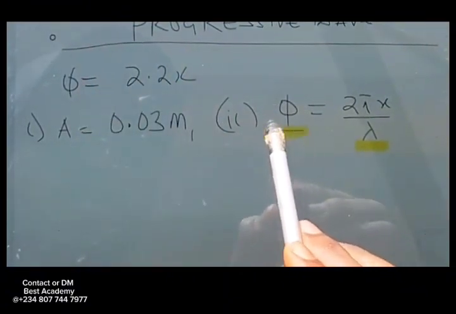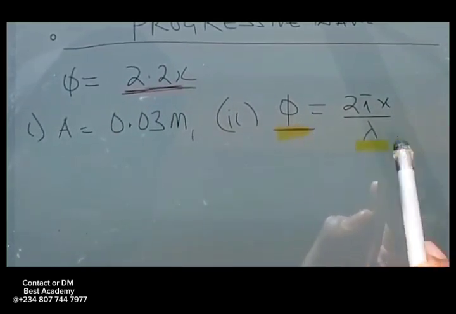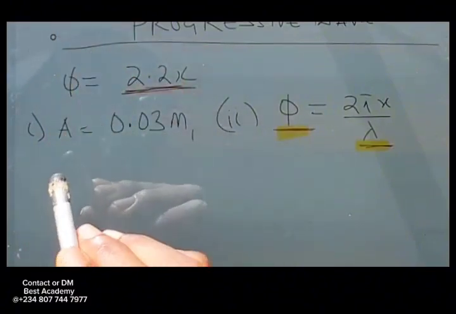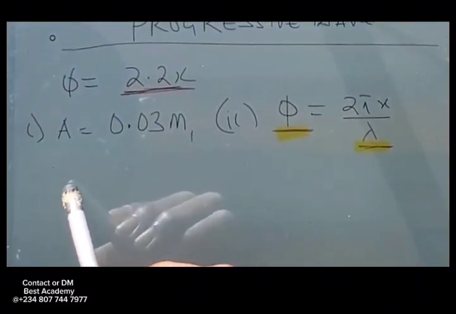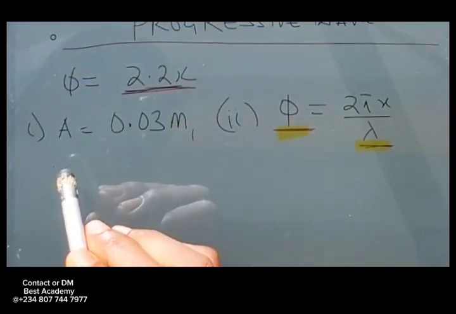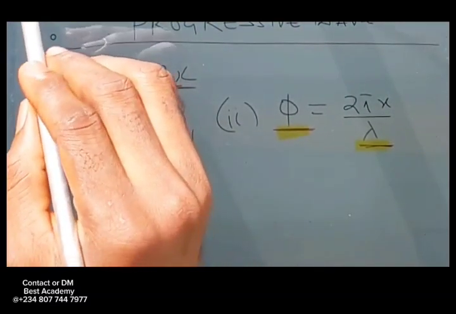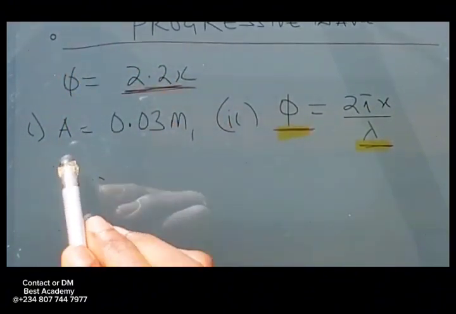The phase angle is already given to us as this. So anywhere I see phase angle, I put this. I can now make lambda the subject of the formula.